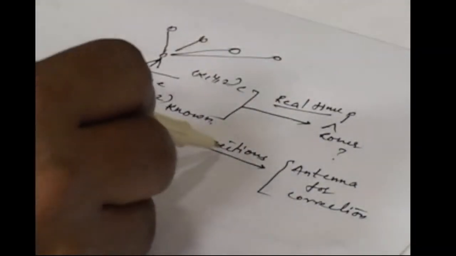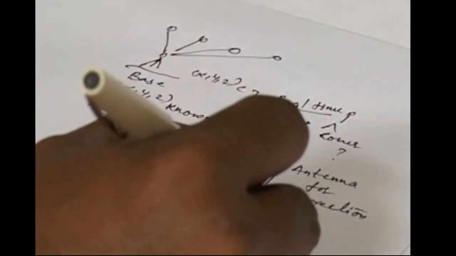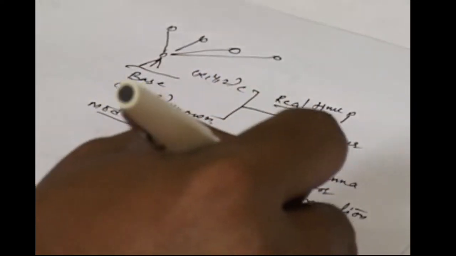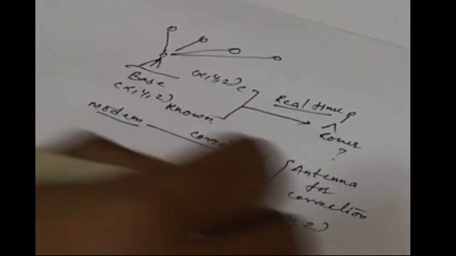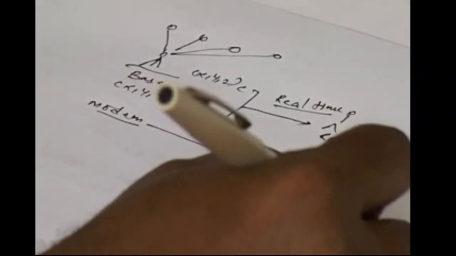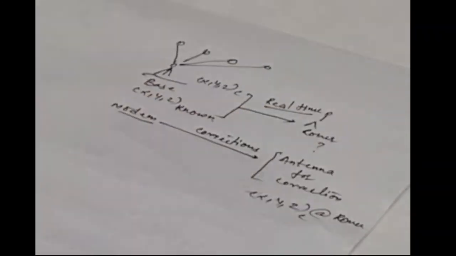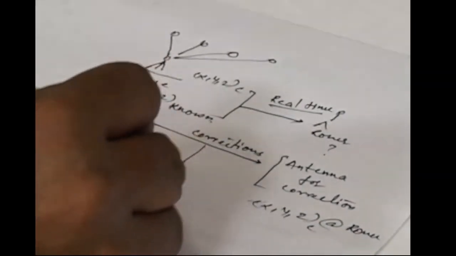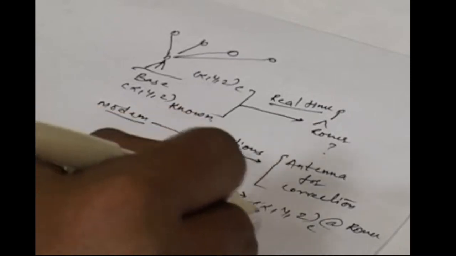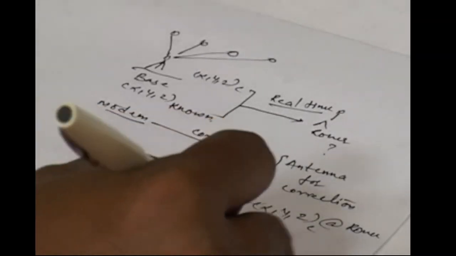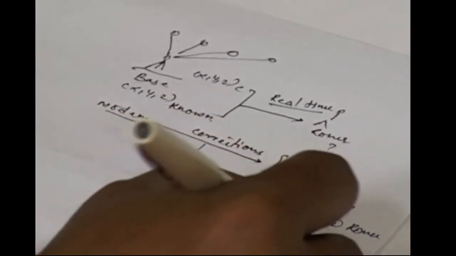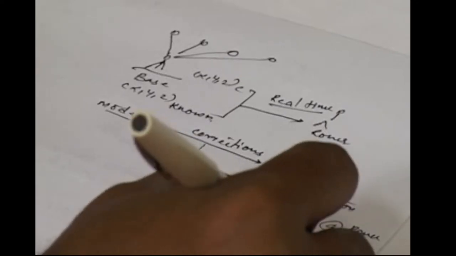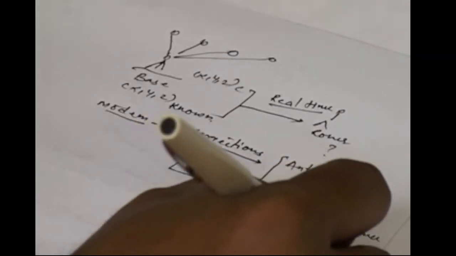These corrections will be applied to the XYZ at the rover, which are the computed XYZ from the satellite. Then you get the XYZ at centimeter level of accuracy.